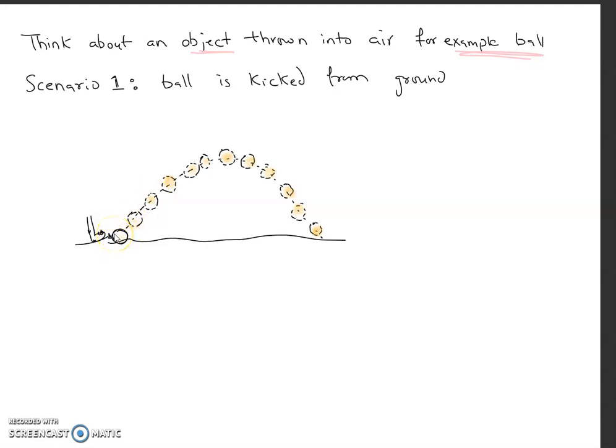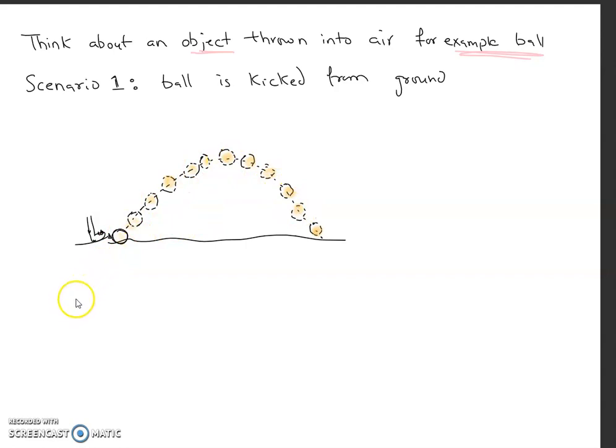Remember, it can be a ball or any other object, and it's initially sent through the air from the ground. If something is kicked like a ball from the ground, it will usually go up to a height and then come down and hit the ground. If you think about an upside down parabola, that's basically the shape of it.